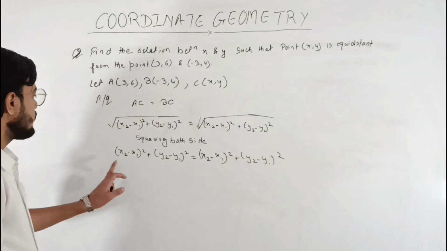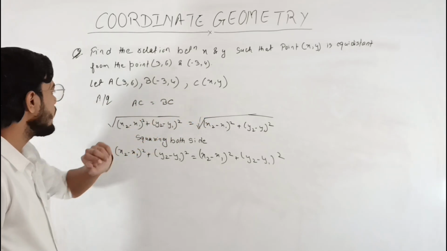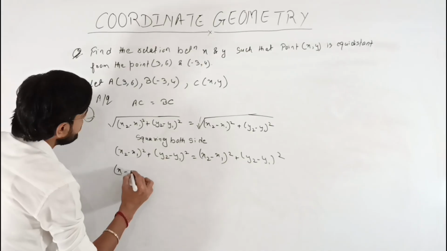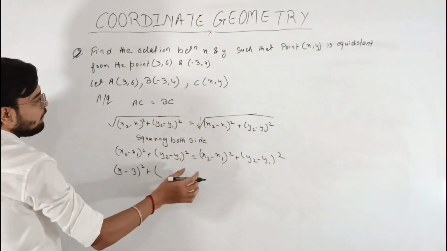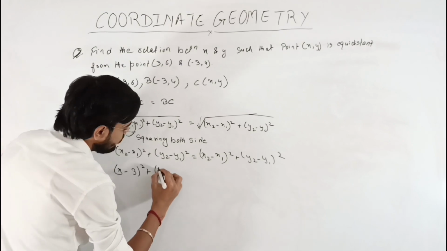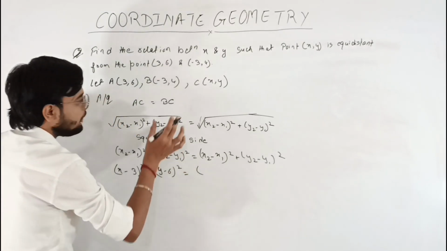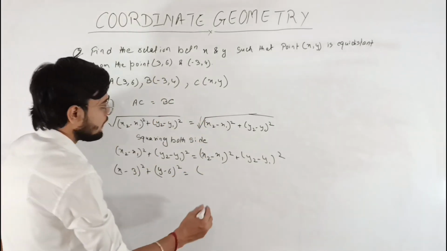Now we put the values. For AC, A and C, x2 is this x and x1 is 3. So x minus 3 square plus y2 is y and y1 is 6, so y minus 6 square. Now for BC, for B and C, x2 is x and x1 is minus 3.